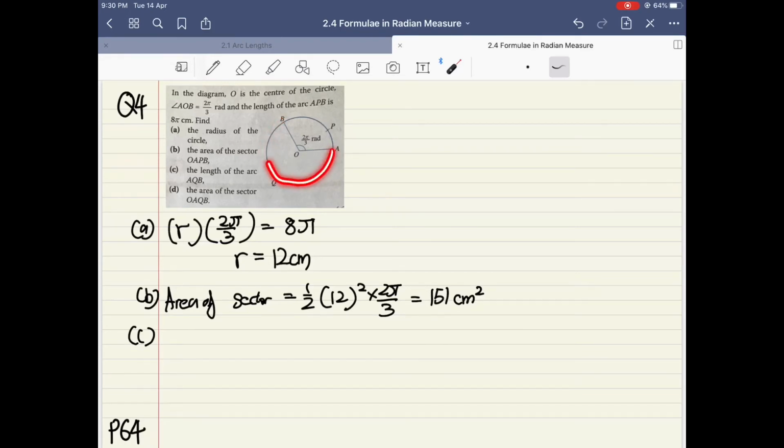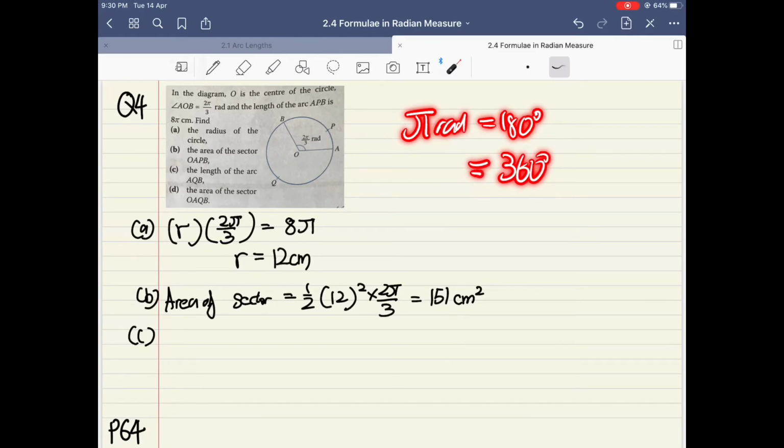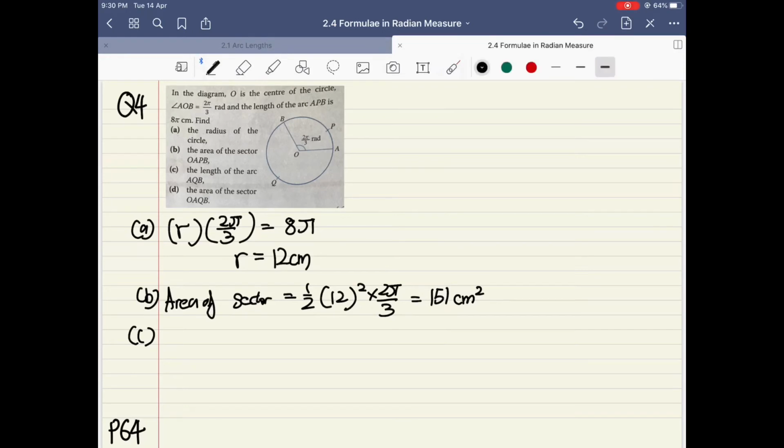Now they want you to find the length of the arc AQB over here. If I want to find the length of arc AQB, what I need is to find this angle here. If you remember for radians, pi radians is equal to 180 degrees. What is 360 degrees? It is 2 pi radians. So we will need to take 2 pi radians, which is the whole round, minus away 2 pi over 3, so that I can get this angle over here.